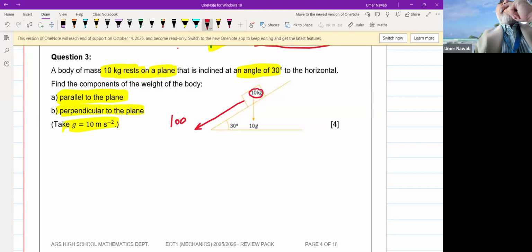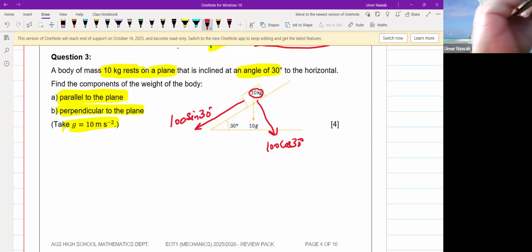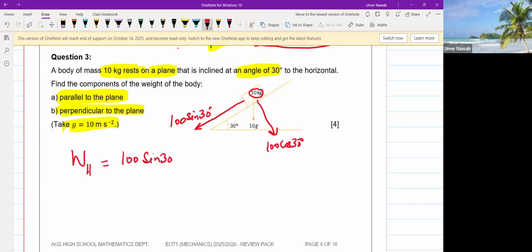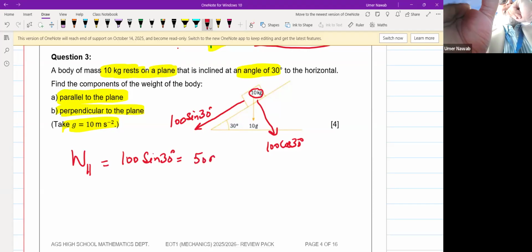The mass is 10, so times 10, it will become 100 sine of 30, and this is 100 cosine of 30. So the weight parallel to the plane is 100 sine of 30. That gives us 50 newtons.